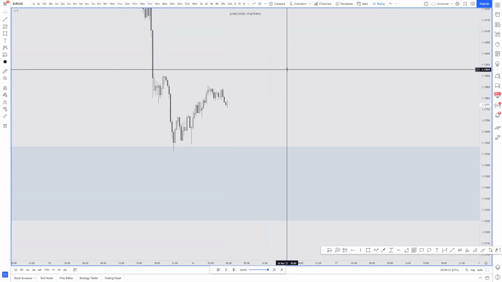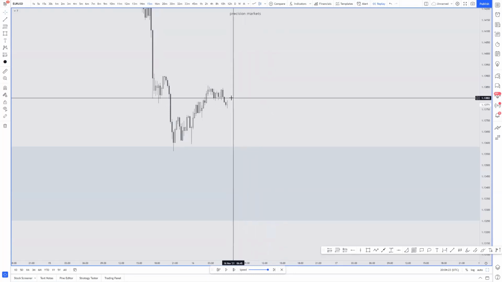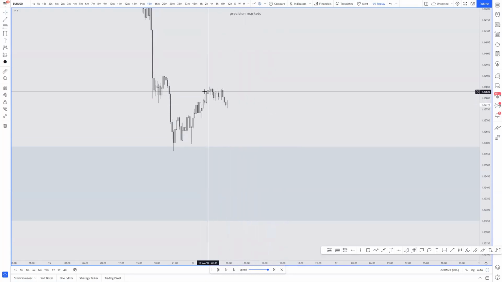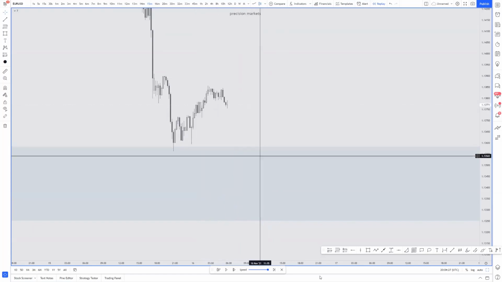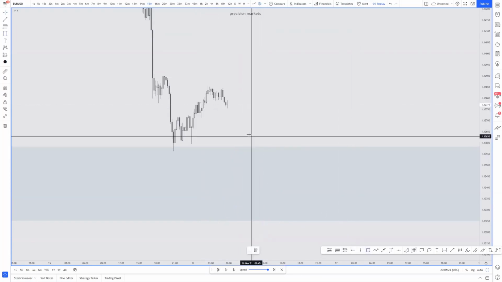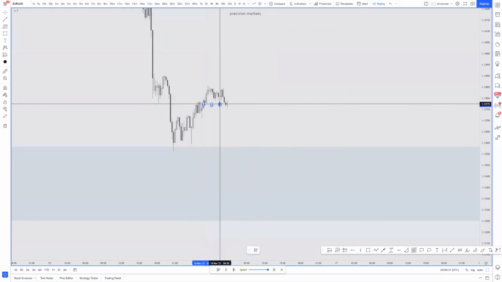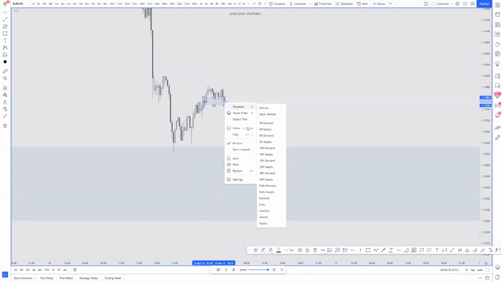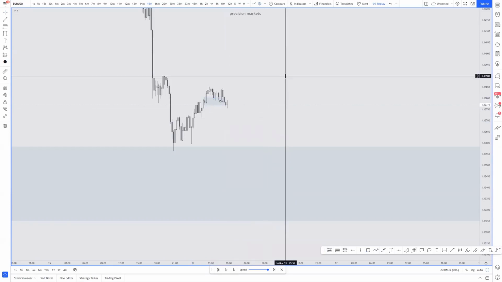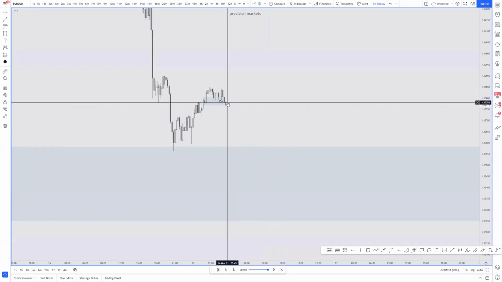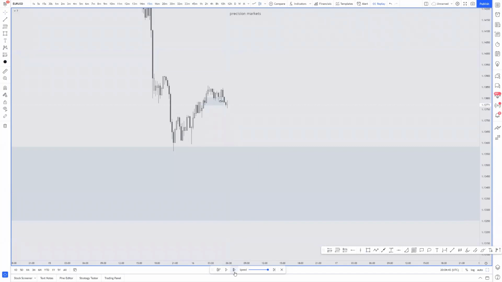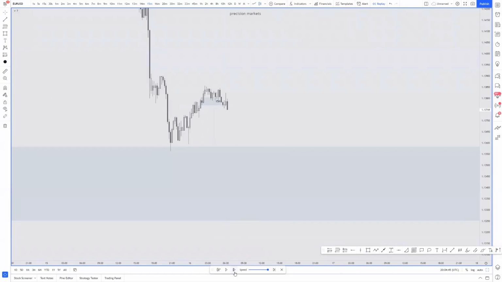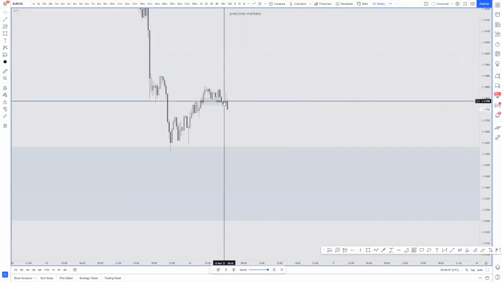Right off the bat here, we do have a couple of little supply zones, or demand zones rather, I should say. So this is our most recent demand zone on the 15. We'll definitely identify that. What are we at here? 5:45. We could probably go forward a little more.